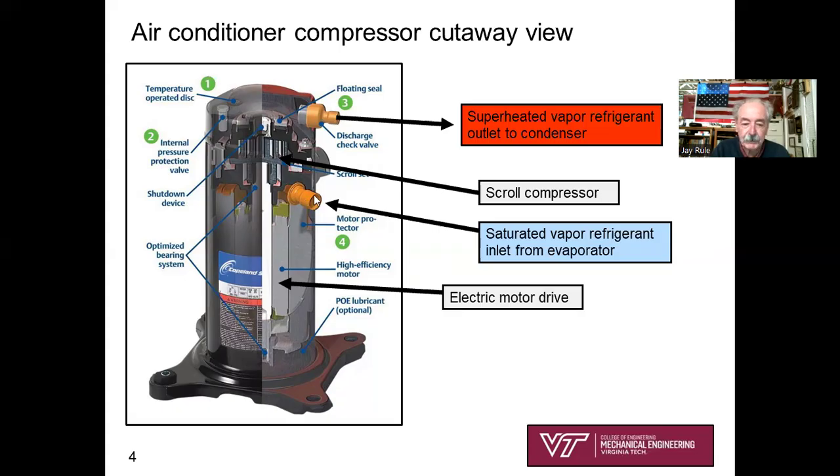Saturated vapor refrigerant goes into the scroll compressor here, compressed reversibly and adiabatically. Therefore, we can visualize in our heads with the TS diagram and the vapor dome that it's going to be superheated vapor refrigerant coming out at a much higher pressure. So this is basically what a scroll compressor looks like for refrigerant.